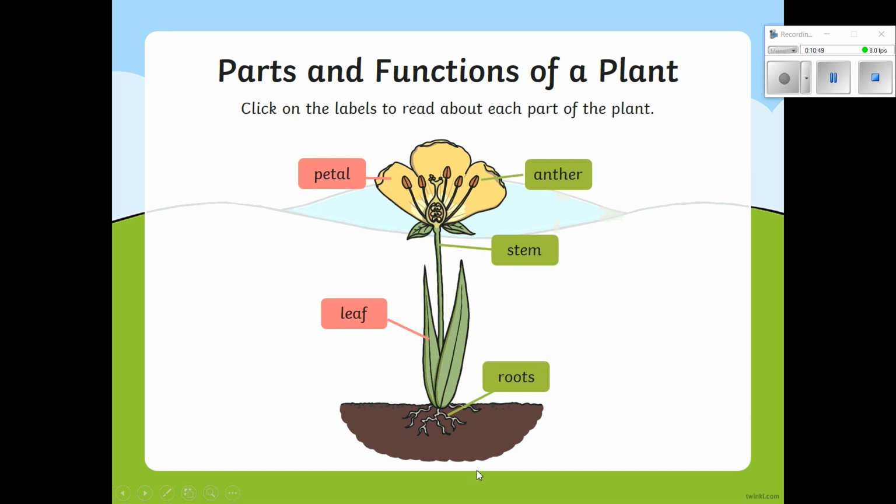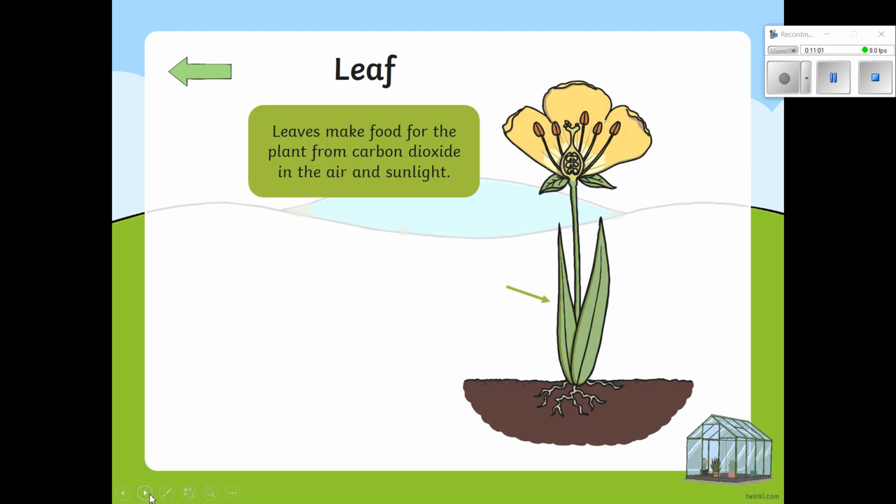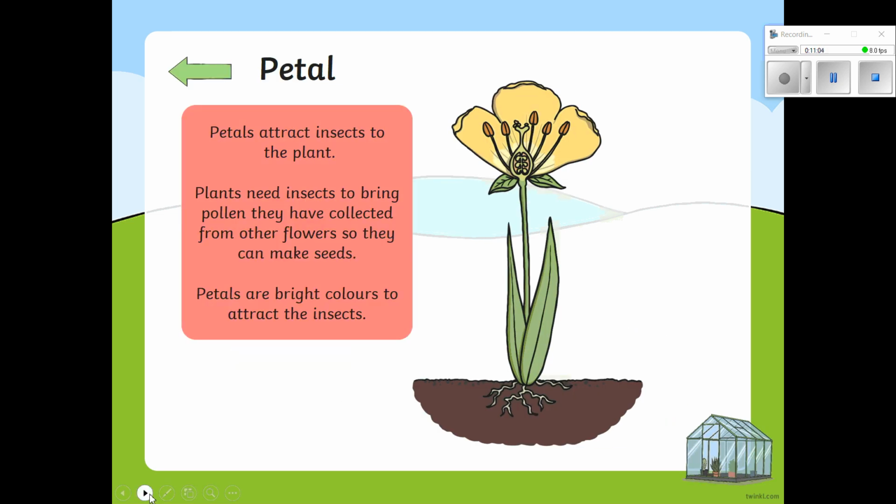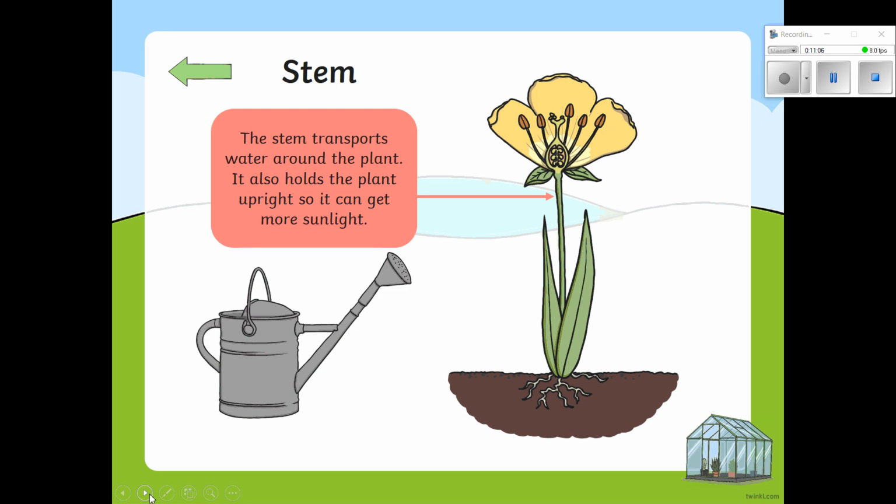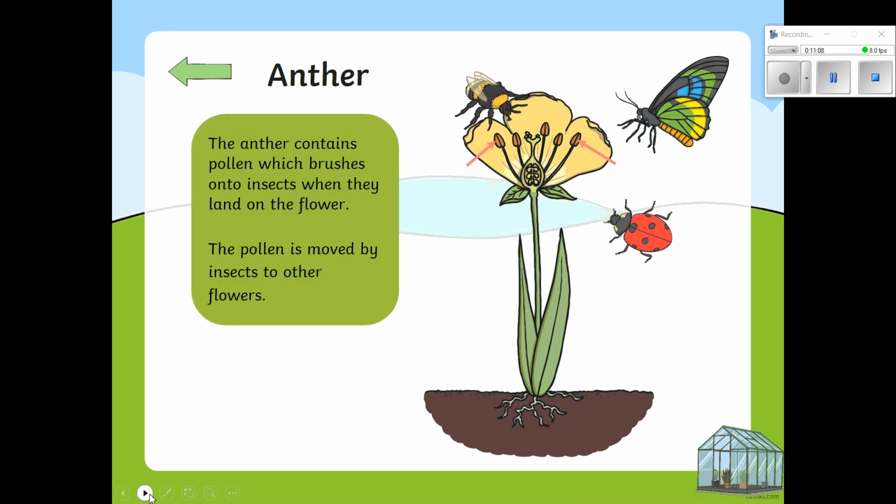Okay, so we know in a plant like this, in a flower, we have the roots, the leaf, the stem, the anther and the petal. I'll just go through them. An anther.